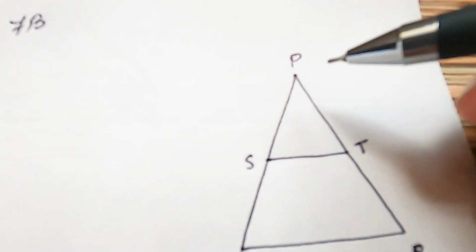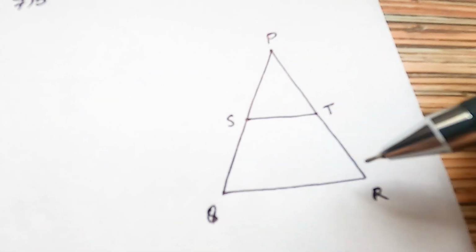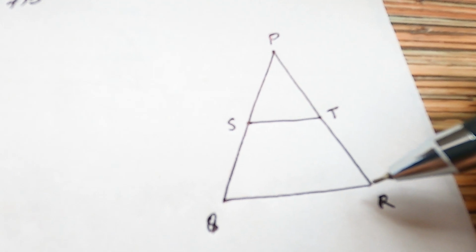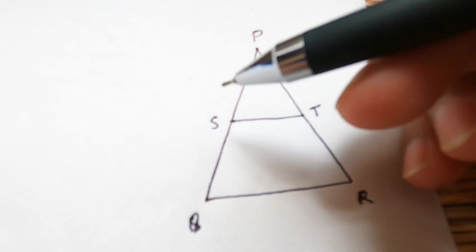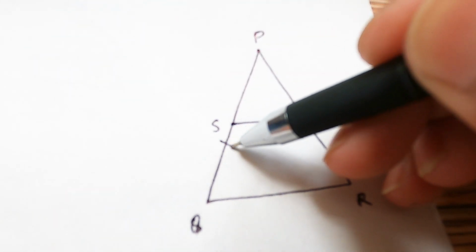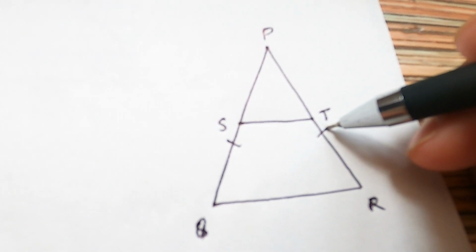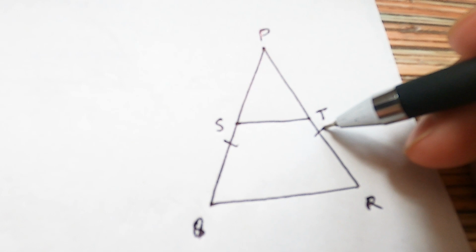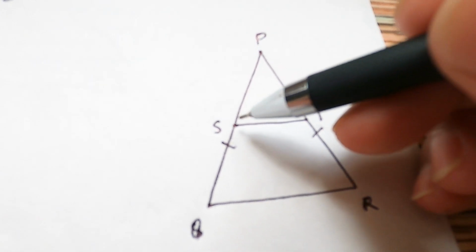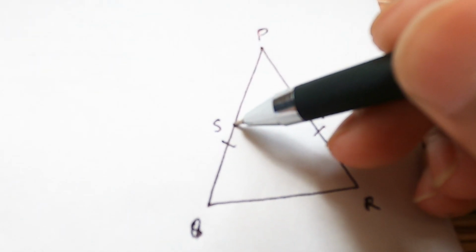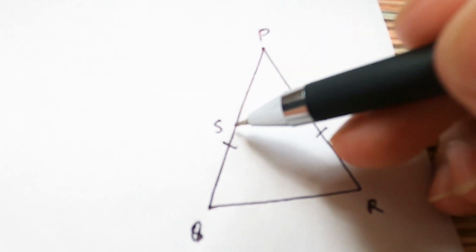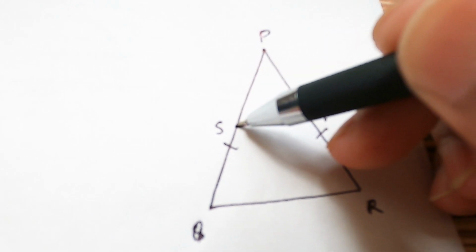So let us read the question again. Now PQR is a triangle. Now in this case, what happened? PQ is equal to PR, given from the question. Now S is any point on PQ.